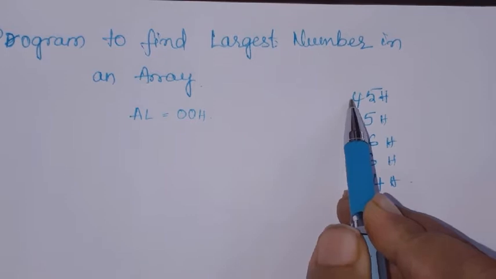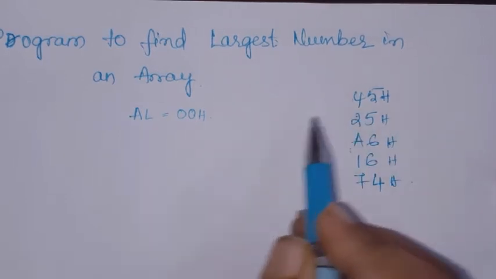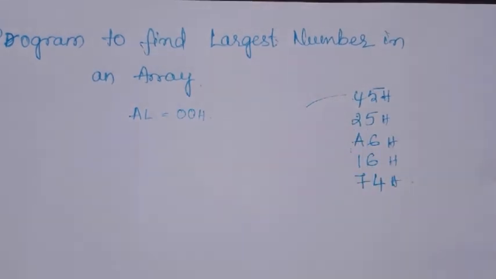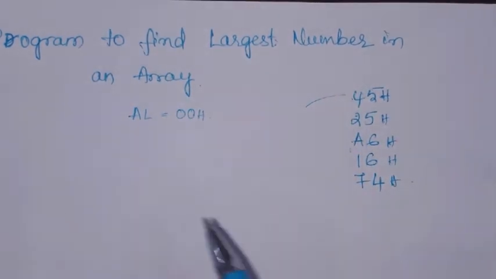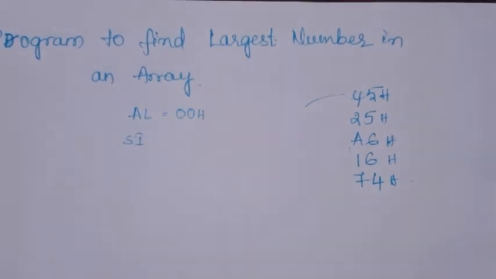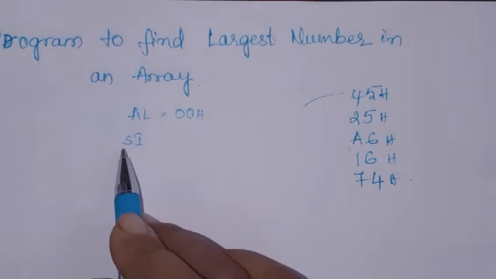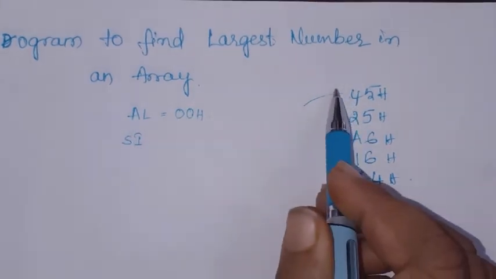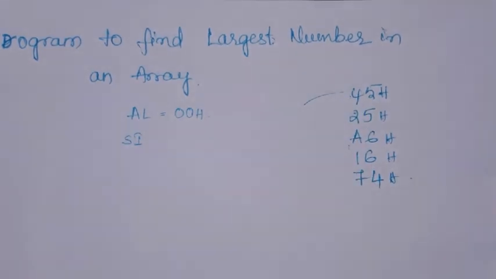So for the first element of the array, we need an address, a memory pointer. Of the address registers we have, SI and DI, we can use the SI register to point to the first element in the array.